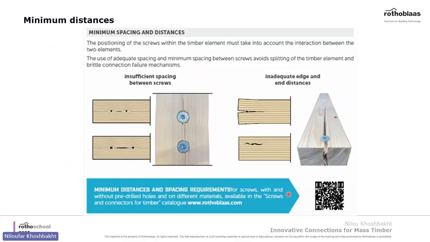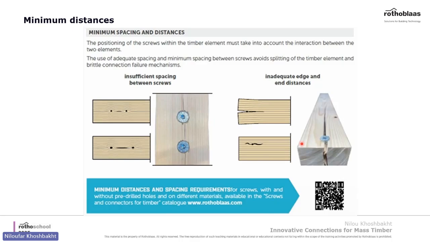Especially when you install a screw and load it in the parallel to grain direction, it's really important to observe the minimum distances so you don't end up splitting like this. And also the minimum spacing is important because the wood tends to split from this area.